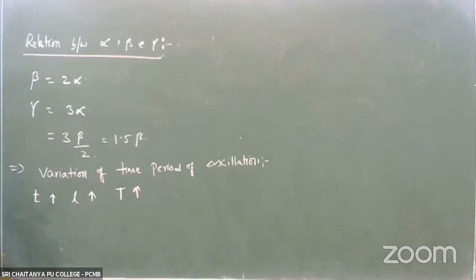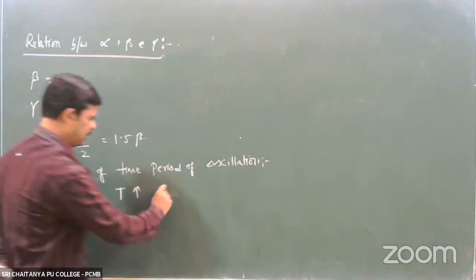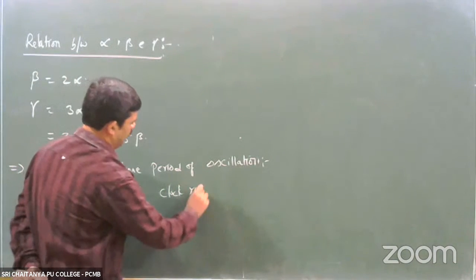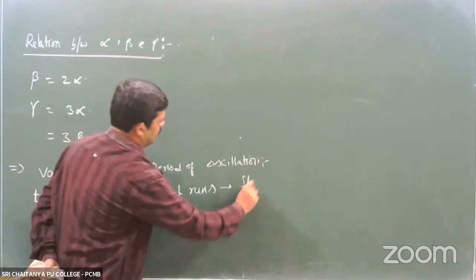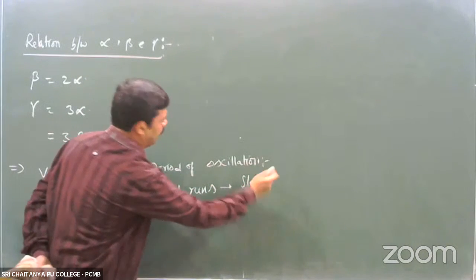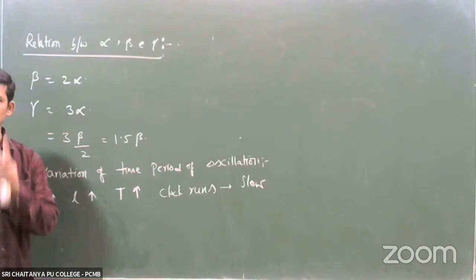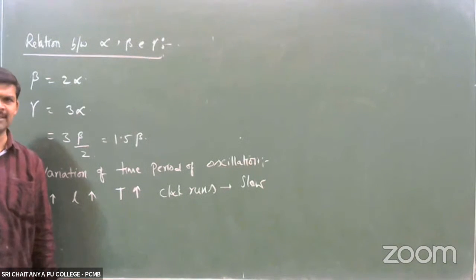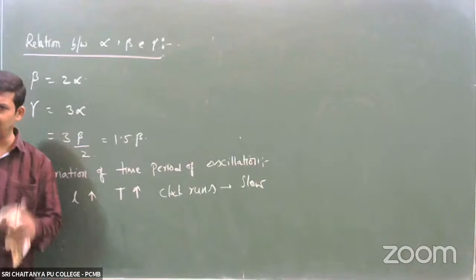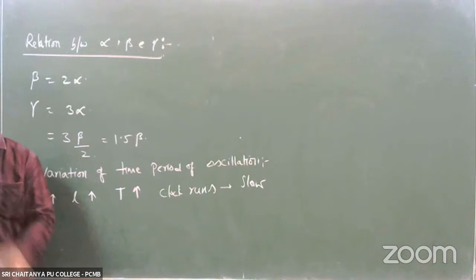Whenever the time period increases, the clock runs slow. Just refer to your notes. When temperature increases, length increases, time period increases, the clock runs slow. Whenever the clock runs slow, what happens? The clock loses time.